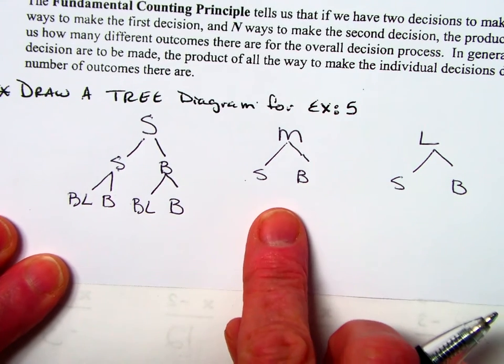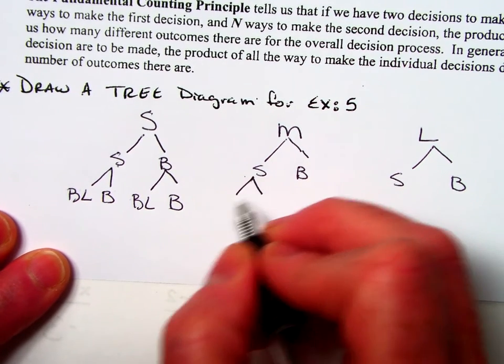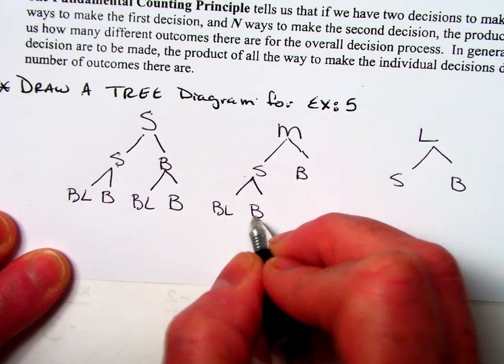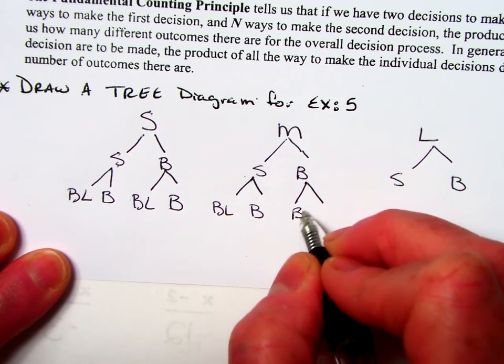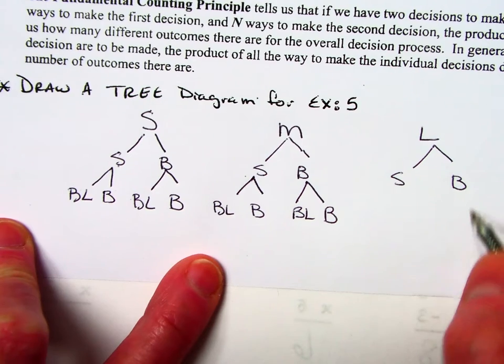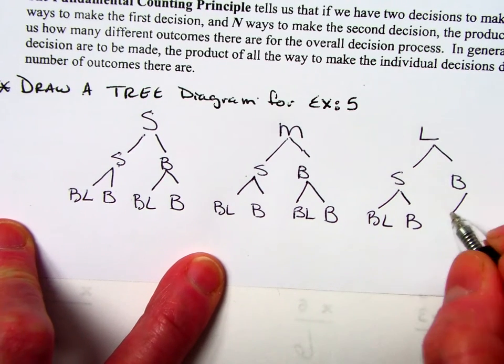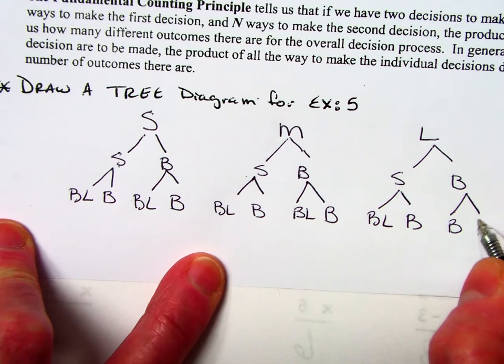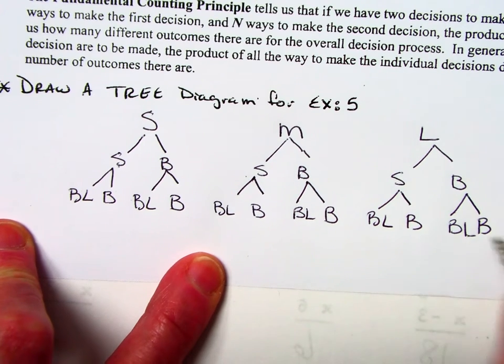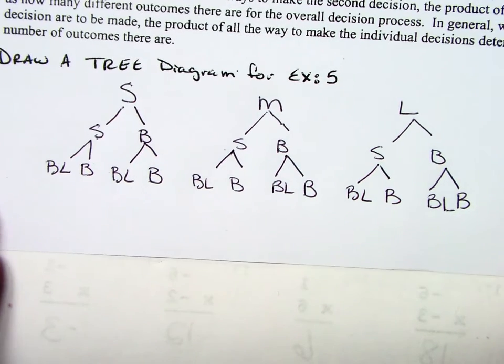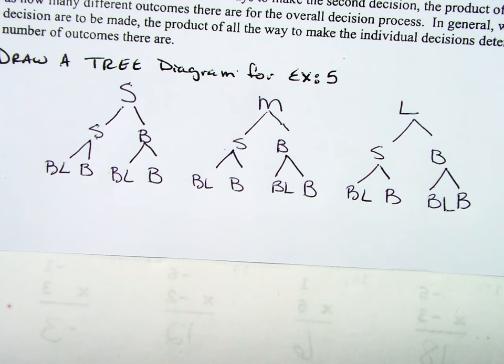The same results would happen for the medium shirt: blue or beige, blue or beige, as well as your large shirt, blue or beige, blue or beige. Okay, we're done with all of our choices. If you now count all of the items at the bottom, you will find that there are 12 choices there. And that's exactly what we got when we multiplied all of our math together.